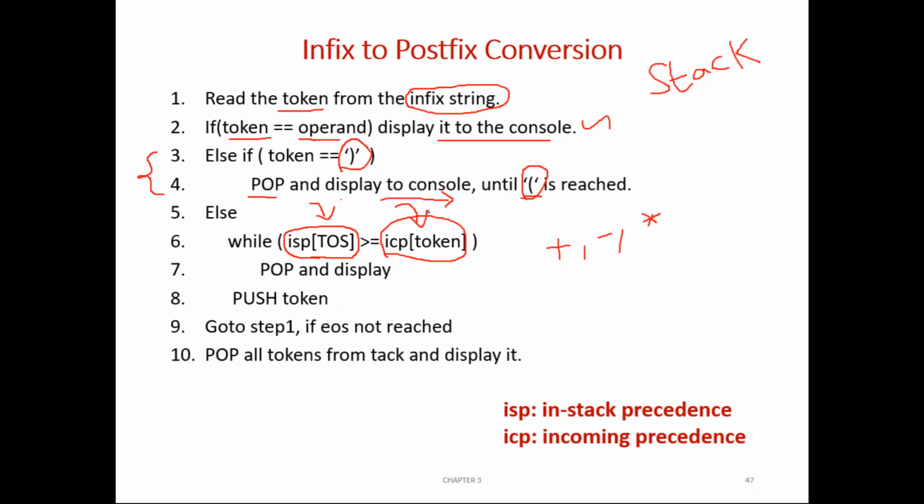If the precedence level of the top of the stack's element is greater than or equal to the precedence level of the incoming token, then pop that element and display it.